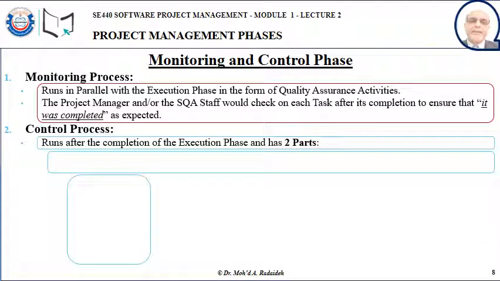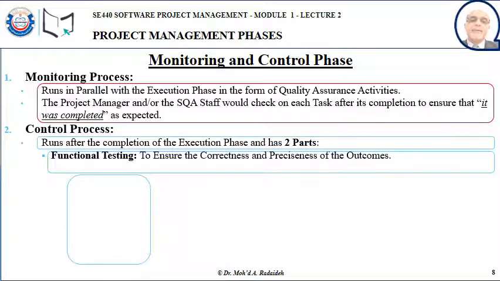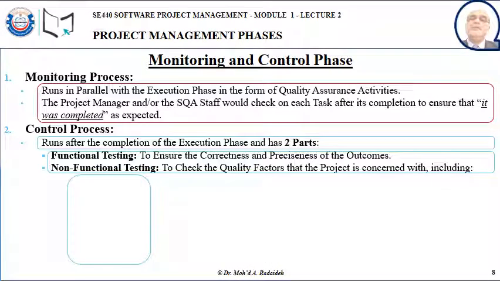The control phase runs after the completion of the execution phase and has two parts: functional testing and non-functional testing. The functional testing is very much to make sure that the functions operate correctly, so the outcomes are correct and precise.